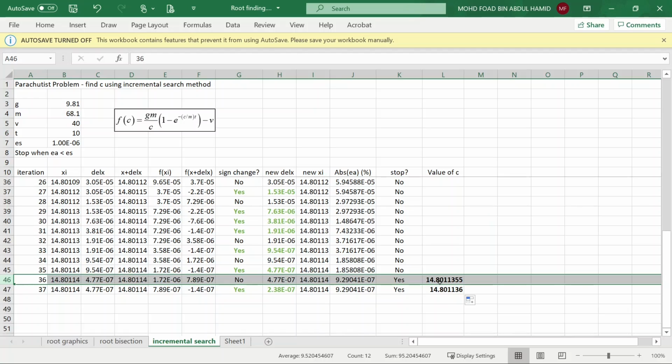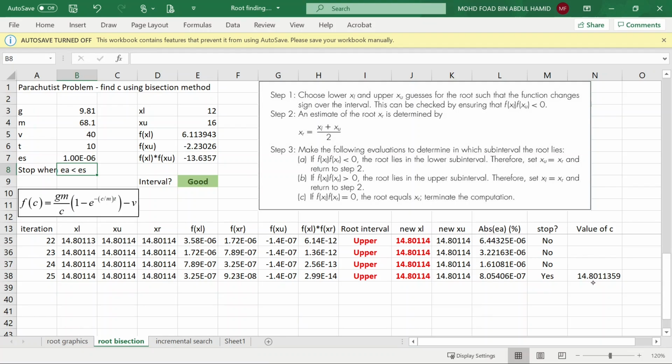So 1, 2, 3, 4, 5, which is 3, 3. So up to 14.80113, we are good. So compare this with the bisection method.